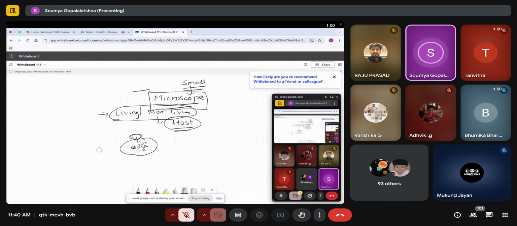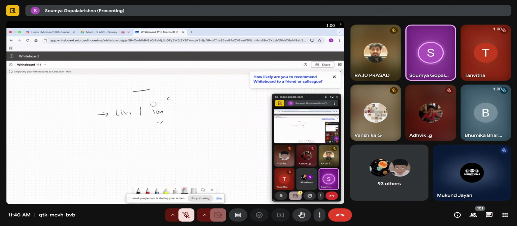When we talk about different organisms present on this planet today, there are organisms which are single celled. One cell is one organism. So we call them unicellular organisms. Single celled organisms.